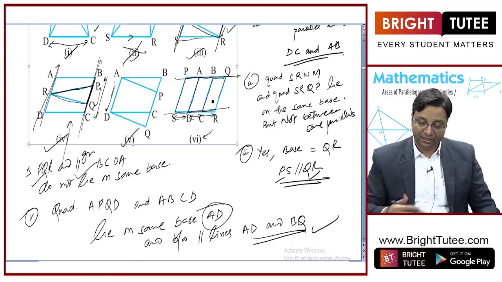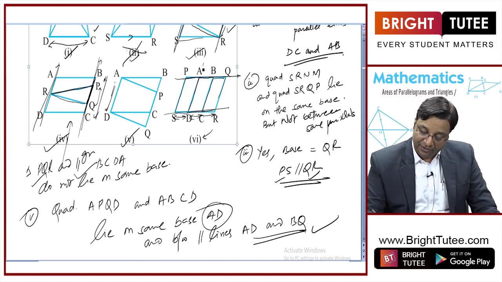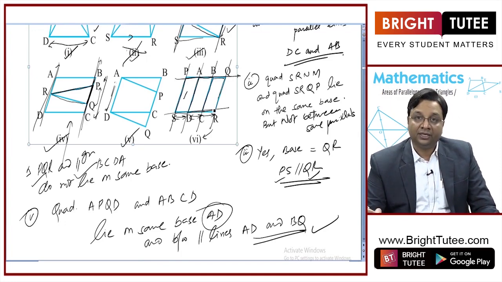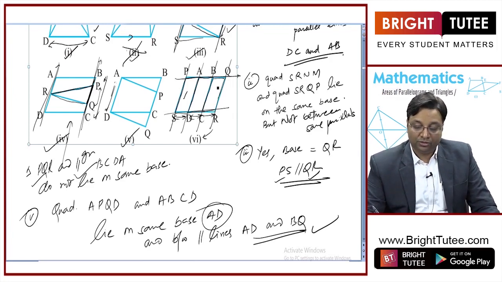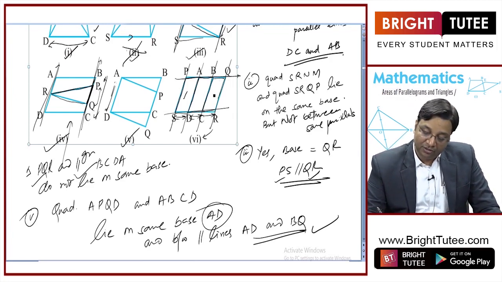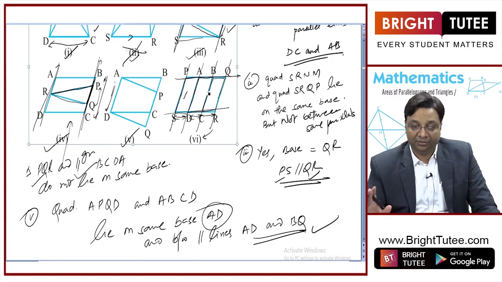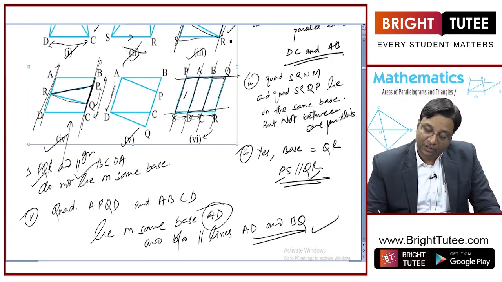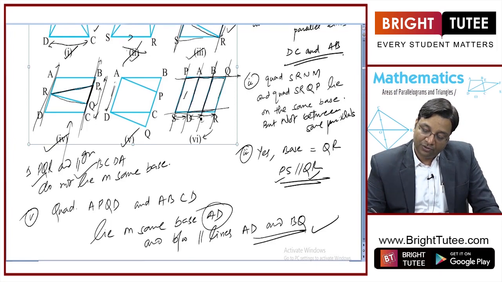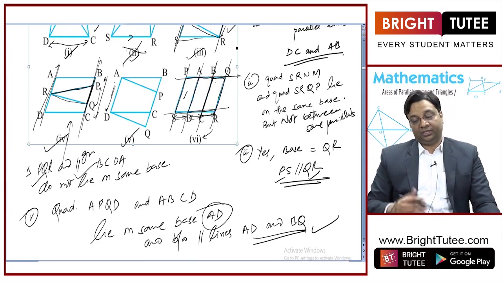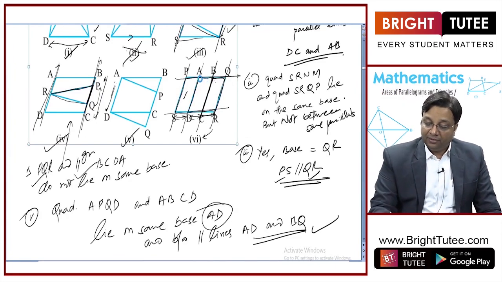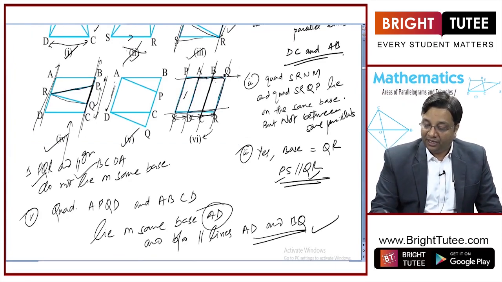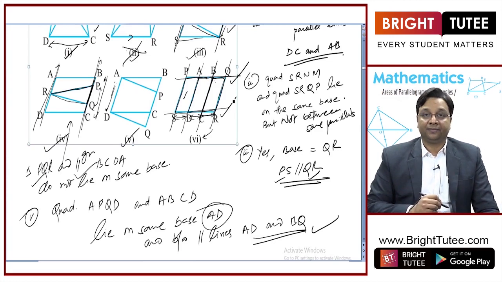If you look at other way round, then these figures, this parallelogram, this parallelogram and this parallelogram, they also do not qualify for this, because these also do not lie on common base and between parallel lines. So, if you look from this orientation, then these parallelograms do not lie on same base, but they lie between same parallel lines, this line and this line.